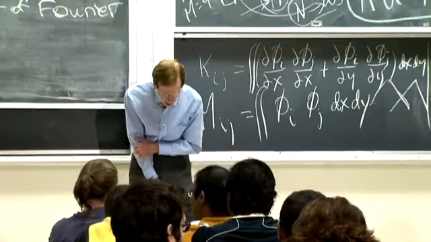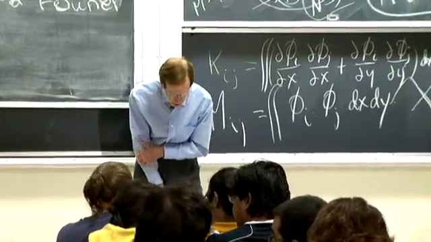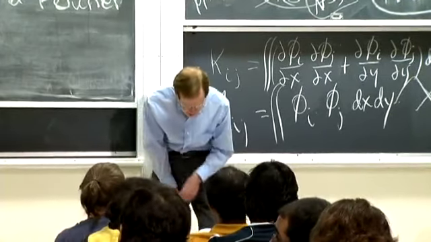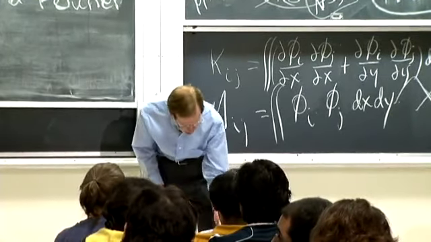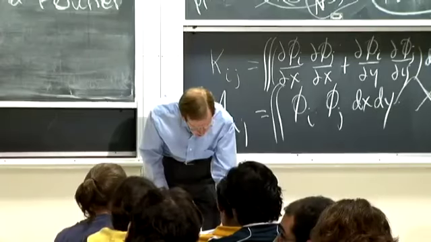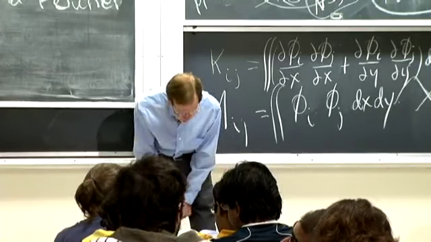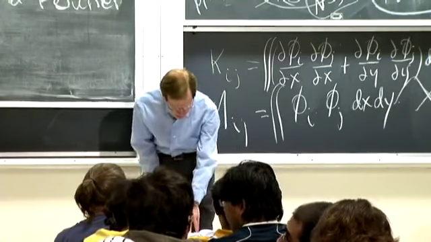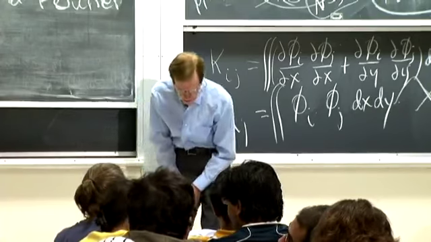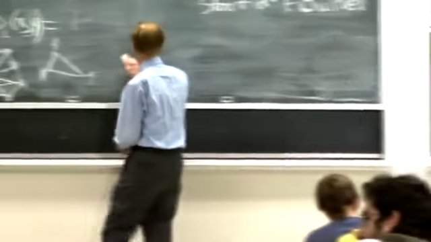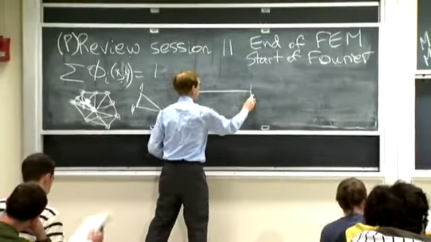Let me take a square pulse. Yeah, this is a good one, I think. In section 4.1, there's a question for the Fourier series of a square pulse. Okay, so what does the square pulse look like? Here's minus pi to pi.